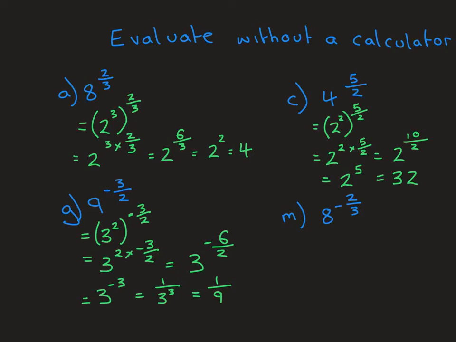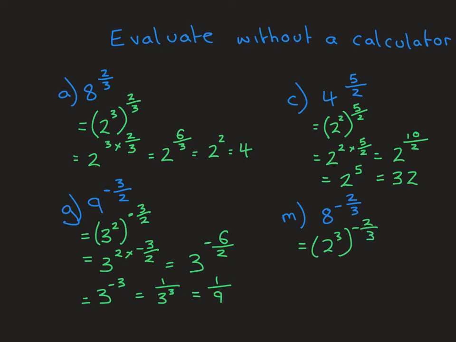So let's look at this last one here. Same process. So 8, how do we write that in index? Seen previously, 8 can be written as 2 to the power of 3. Okay, we've got our minus 2 over 3 outside the brackets.